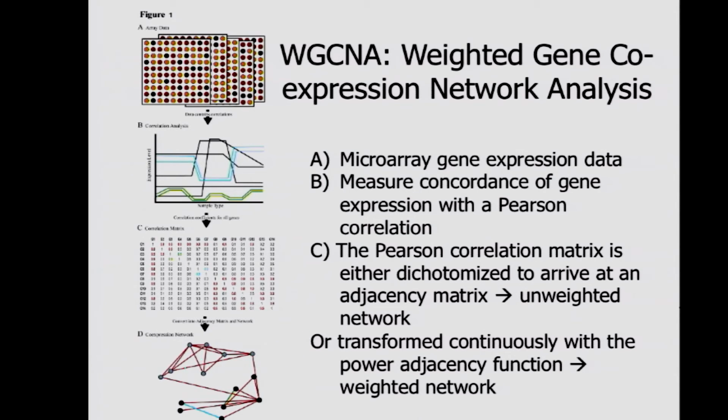And then you can further go and say, okay, well, what are those modules? You can take those modules back to the pathway databases and look for enrichment using overlap to say, is this module enriched for a particular GO term or a particular pathway? And sometimes you'll find that, oh, this is the MAP kinase signaling pathway, or these are downstream RAS activated genes. And now all of a sudden you have that textbook biological understanding of it, but you've included genes that maybe were never in the pathway in the first place.